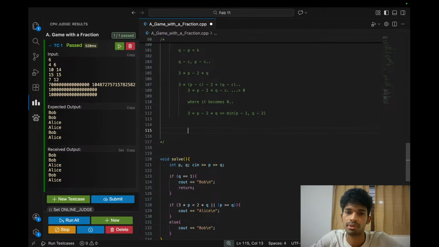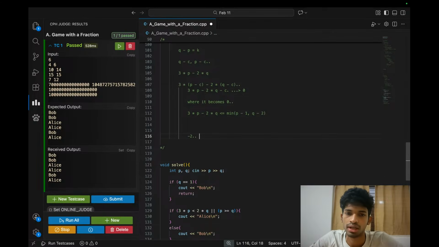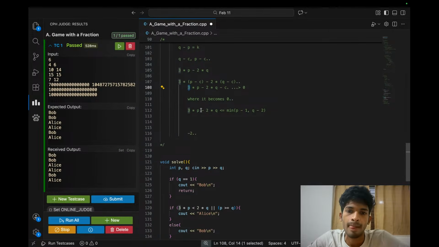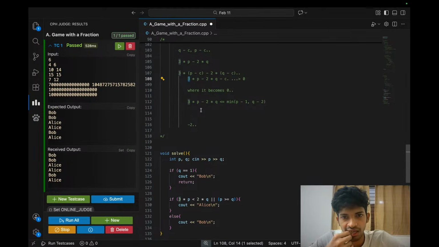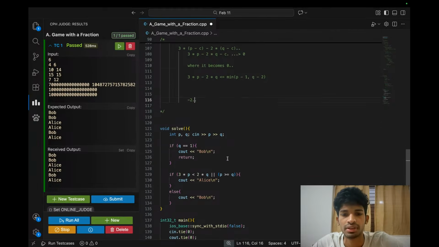The value will finally become minus 2, right? And whatever Alice chooses, if Bob chooses the opposite one, it reduces by 1. Finally, it's becoming minus 2. So it must go to 0. But then why is this failing?